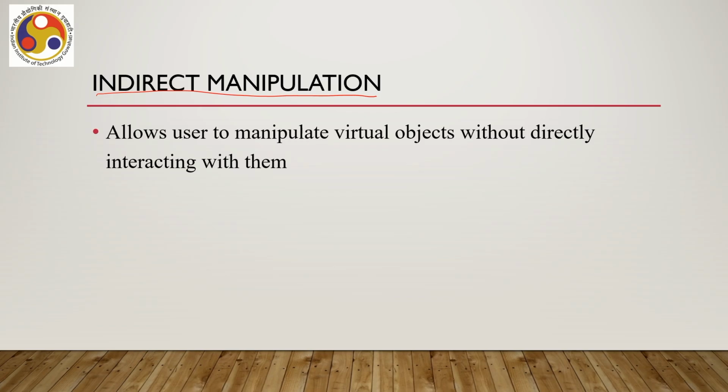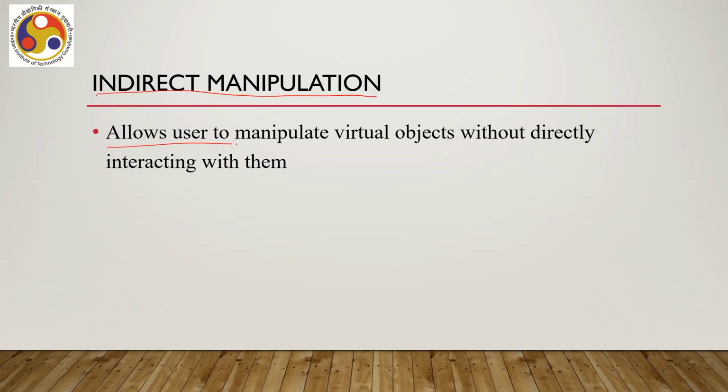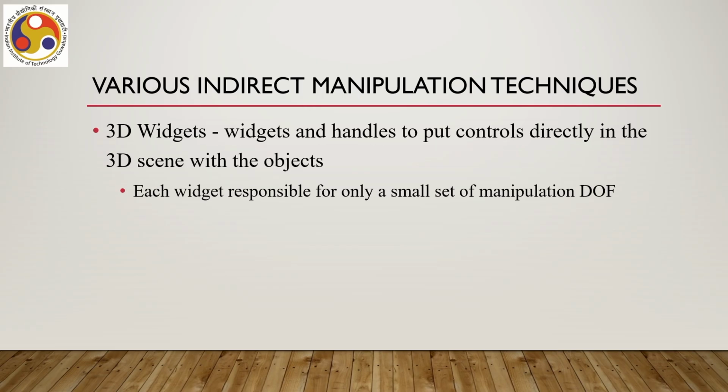So, these other objects are mapped to the desired virtual object, and by manipulating the other objects, we are essentially manipulating the desired objects. This is called indirect manipulation. It allows users to manipulate virtual objects without directly interacting with the virtual object. Instead, the user interacts with some other objects that are mapped to the virtual objects.